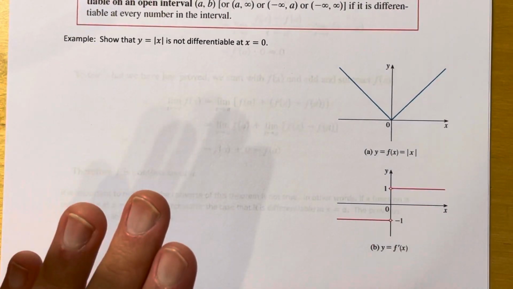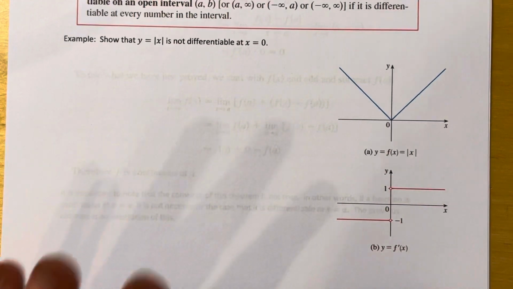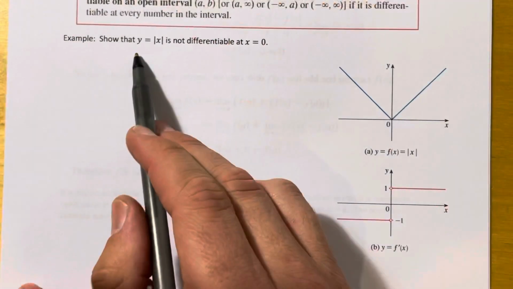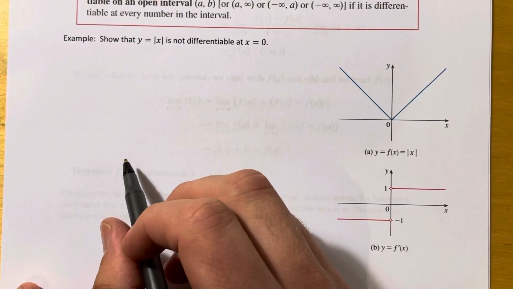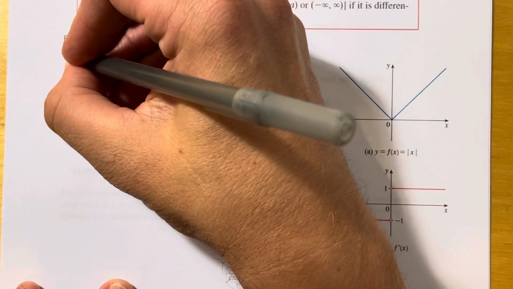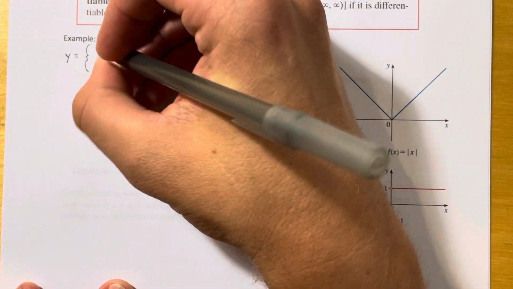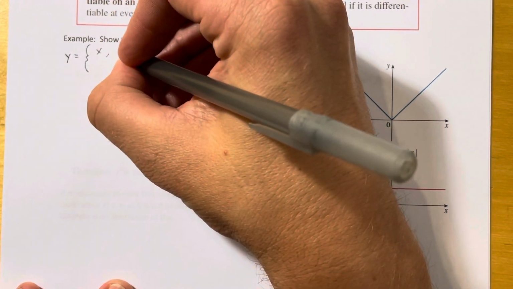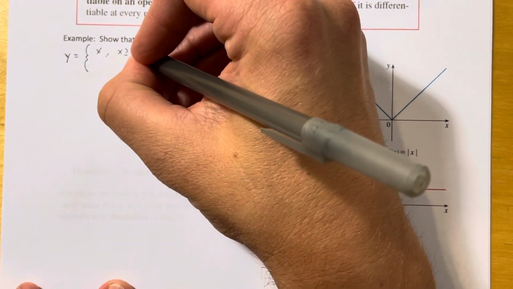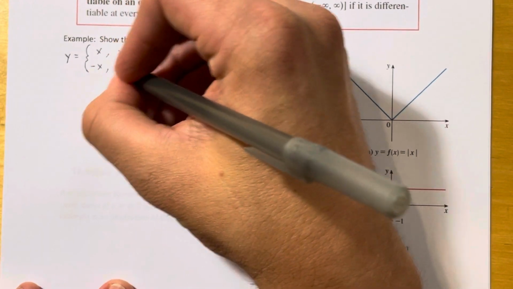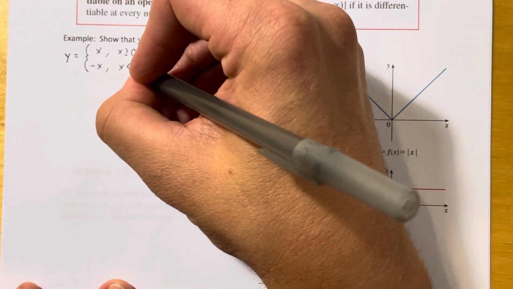So before we jump into that, it's really important that you know how to define the absolute value function as a piecewise function. If y is equal to the absolute value of x, we could alternatively define y this way: x if x is greater than or equal to 0, negative x if x is less than 0.